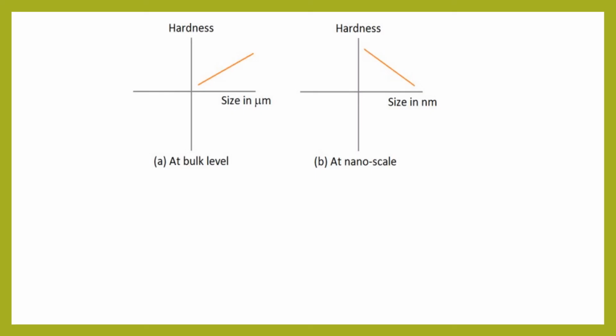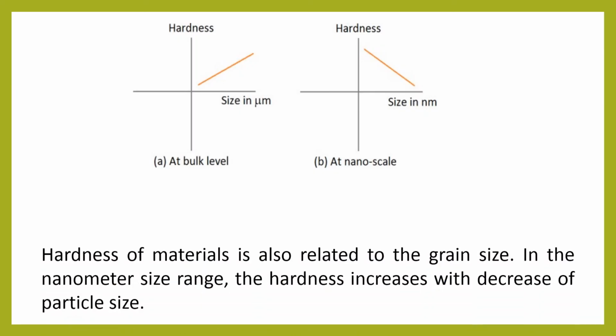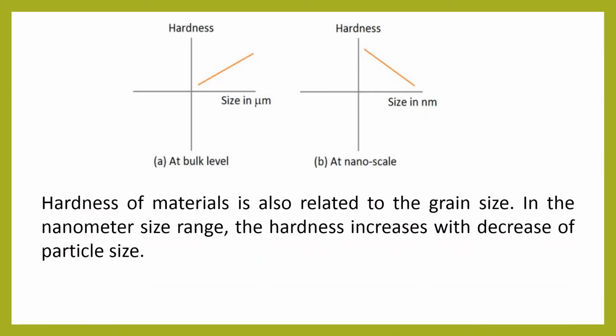For bulk materials, as size increases, its hardness increases. But in nanomaterial, with increase in size, the hardness goes on decreasing. So this hardness of material is also related to grain size. In the nanometer range, the hardness increases with decrease of particle size.